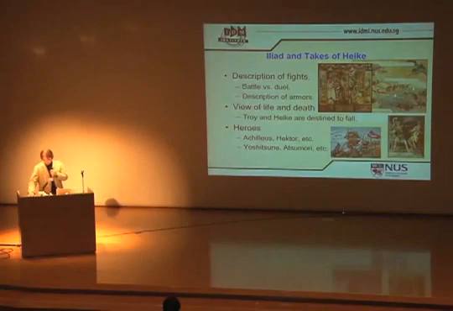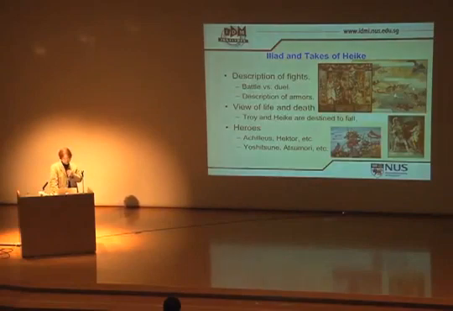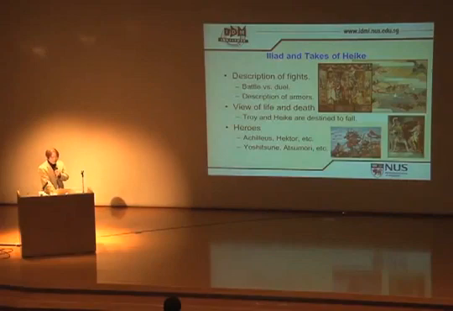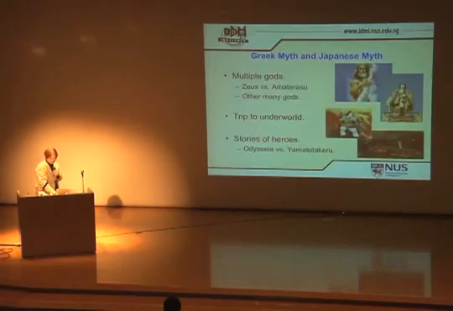What I like more is that in both the Troy epic and the Tale of Heike, there is this transience, the impermanence, and they know they're destined to fall. This view of life and death, or transiency, is what I appreciate.